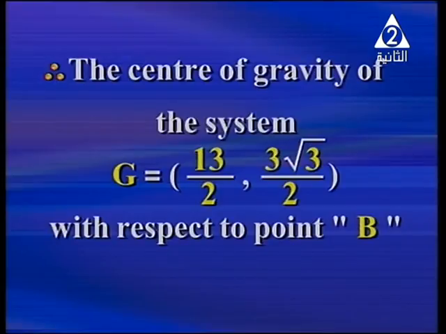Then the center of gravity of the 3 masses lies 13 over 2 from B and 3 root 3 over 2 in y coordinate from point B.